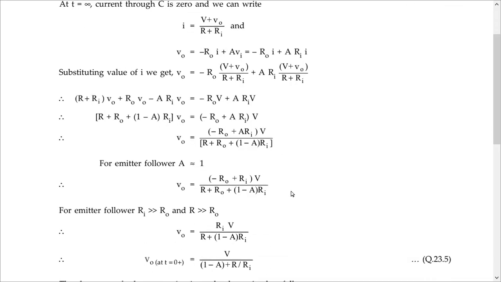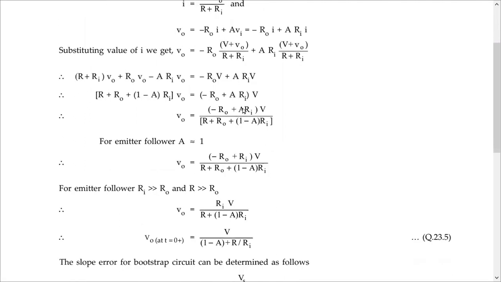We have discussed that in this particular circuit, the emitter follower provides voltage gain 1. So in the V naught that we have here, we can take A nearly 1. So this A is gone, and then minus R naught, Ri, V, the remaining term as it is.